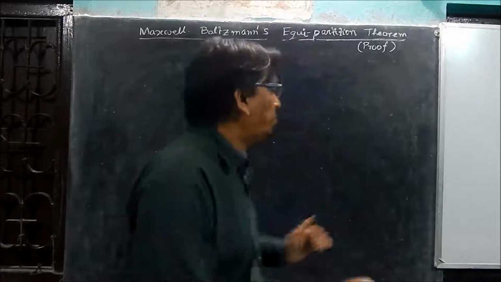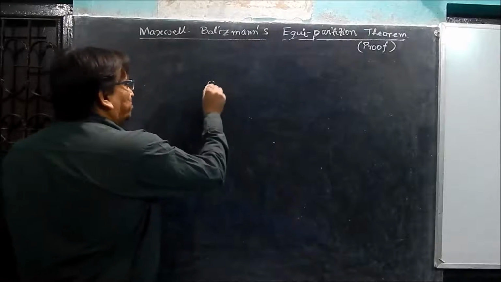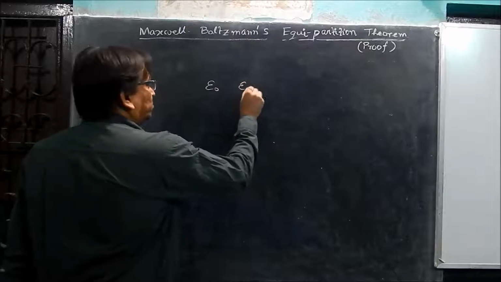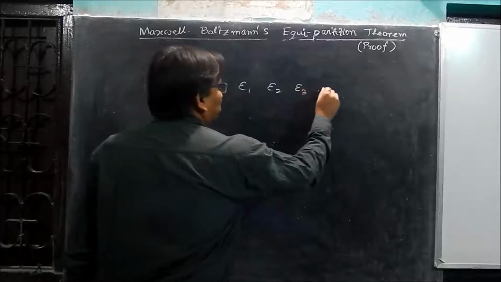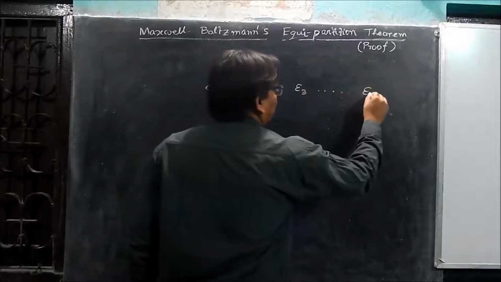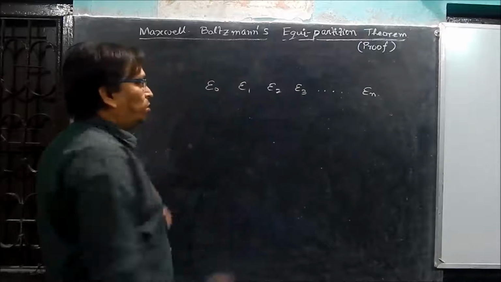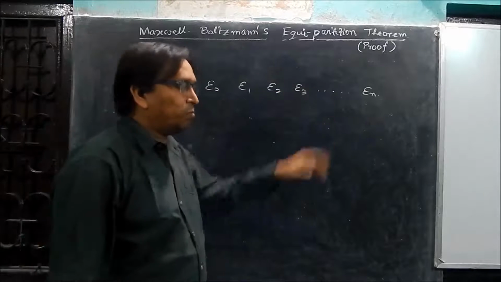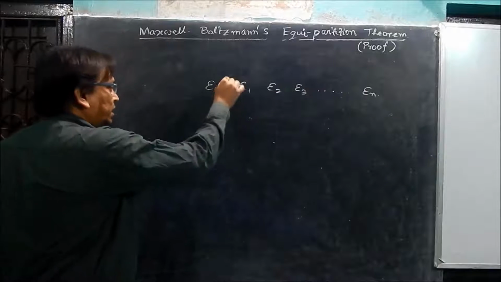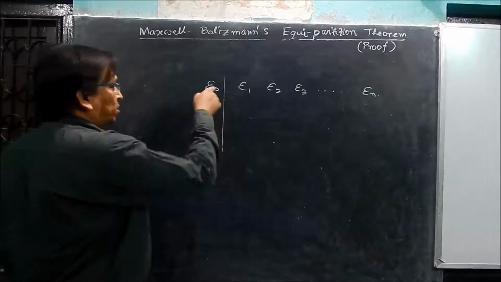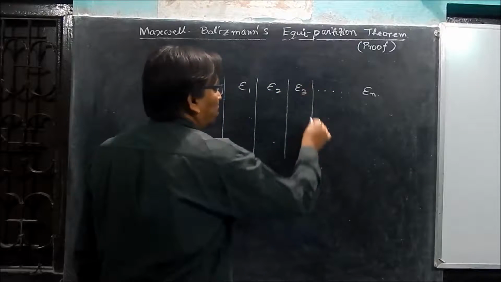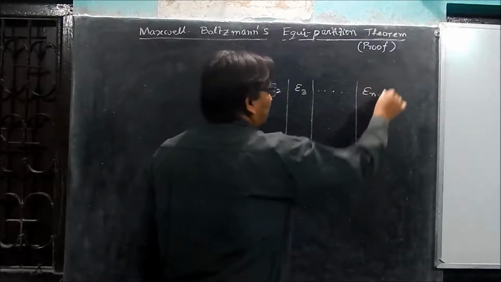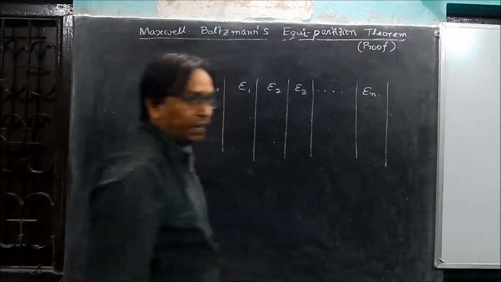Suppose there are n plus 1 boxes, having energy states epsilon 0, epsilon 1, epsilon 2, epsilon 3 and so on, and at the last it is epsilon n.